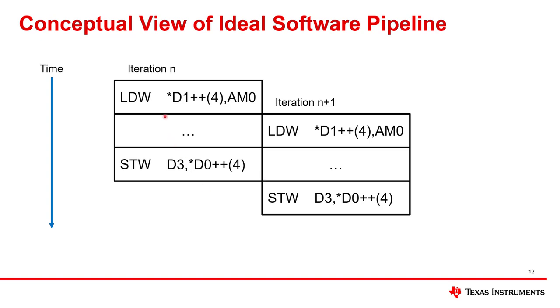Okay? So I'm only showing the load and store instructions. There are several other instructions that are in the software pipeline in a single scheduled iteration. I'm not showing them because I want the focus to be on these loads and stores. And there's a question we need to consider, and that's coming up next.